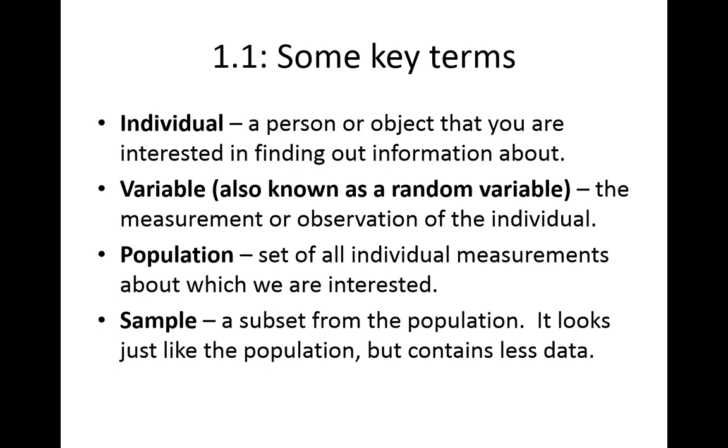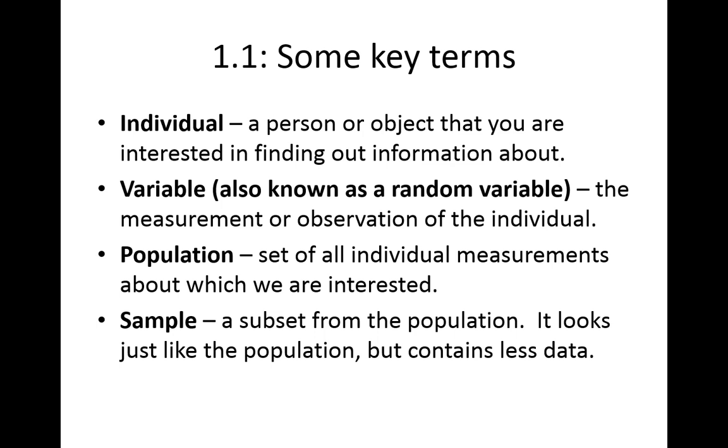I think of the individual as the who or what that we want to get information from. The variable, also known as a random variable, is the measurement or observation of the individual. So the variable is the actual measurement that we get. It's the data that we actually collect from the individual. Maybe an individual is a person in our classroom, and we want to find out how tall they are in inches.